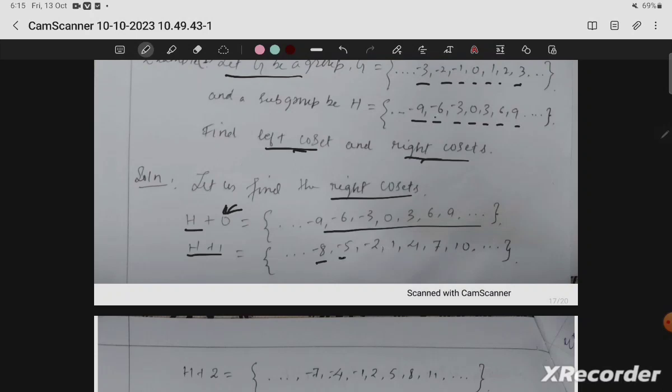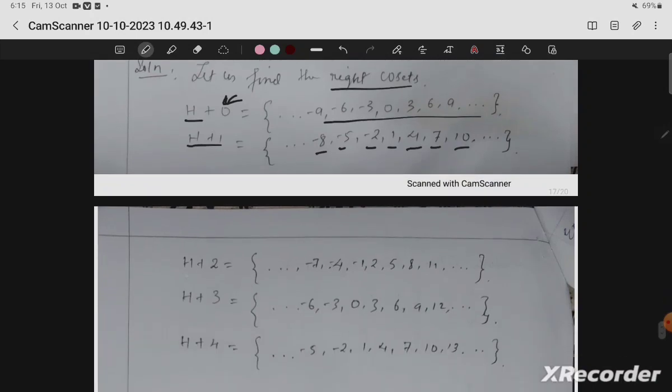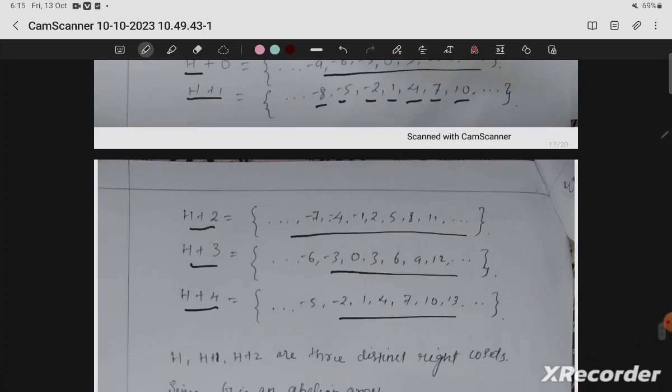Minus 3 plus 1 will give us minus 2. 0 plus 1 is 1. 3 plus 1 is 4. 6 plus 1 is 7. 9 plus 1 is 10. Similarly, H plus 2 will give us this, and H plus 3 will give this, and for H plus 4 we will get, and so on.